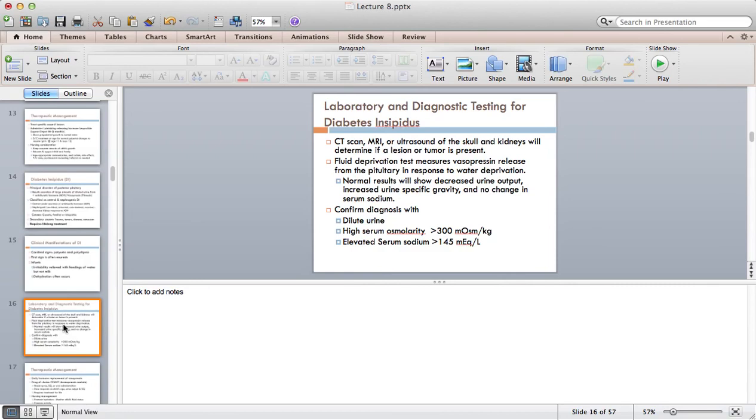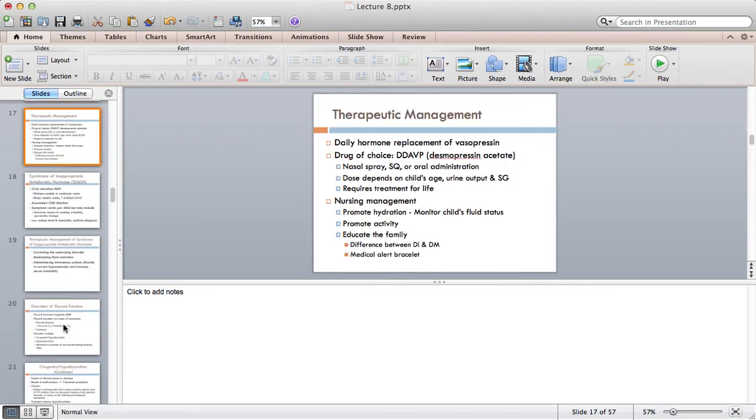So again, your treatment will be to replace the hormone that is lacking, and the drug of choice here will be DDAVP, and that can be given as a subcutaneous, oral, or nasal spray.